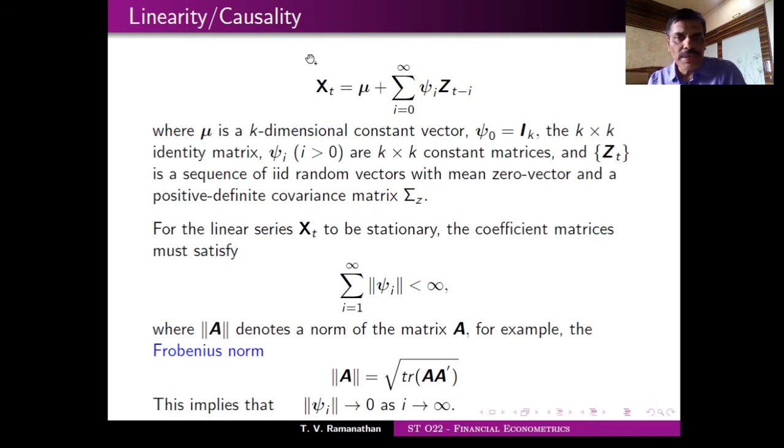Now, if you can represent it like this, of course, some terms can be 0 also sometimes. When you represent it like this, these are not just real numbers or even vectors, these are matrices. Because if it's a vector, the order doesn't match. You can't really get a vector out of this if you multiply by a vector.